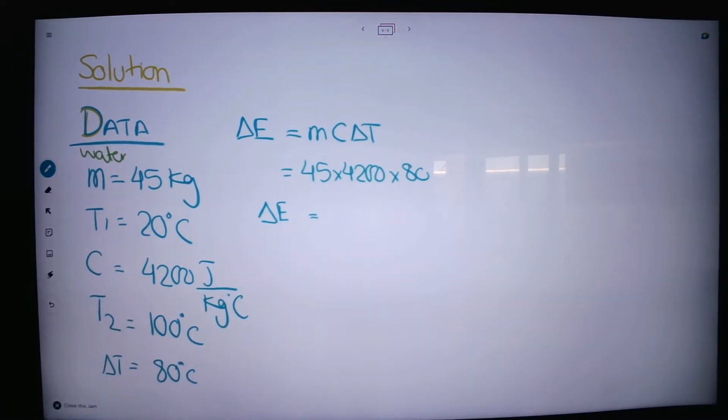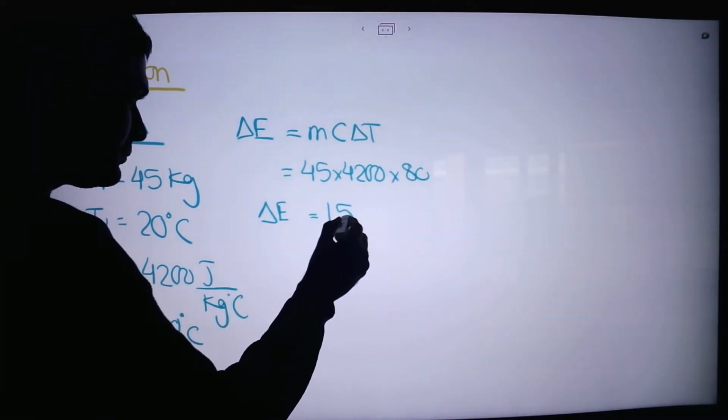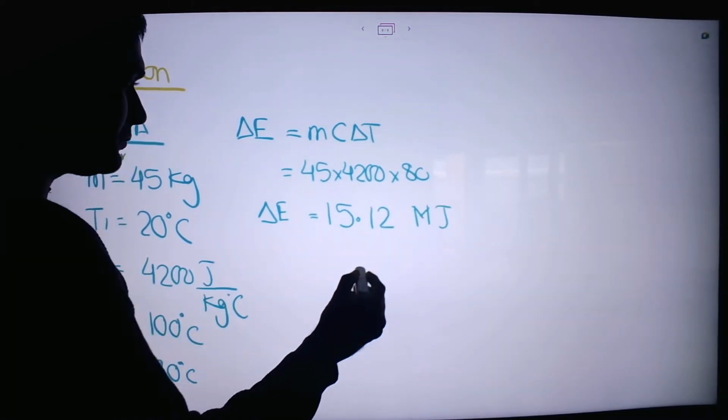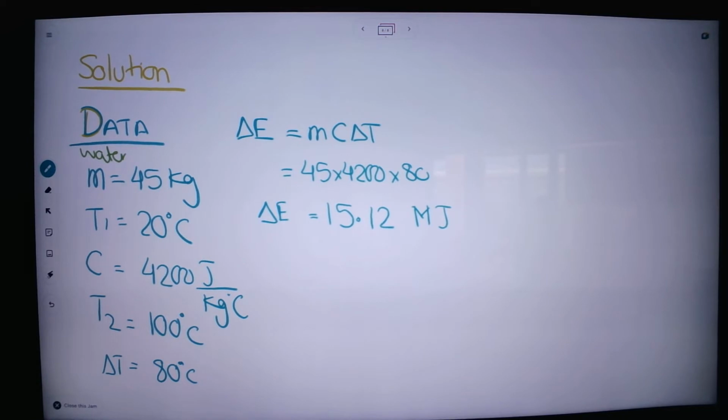If you put that in your calculator, you will get an answer in joules. Convert that into megajoules if you want to. You will get 15.12 megajoules. Mega is 10 to the 6, so 1512 and then there are so many zeros.